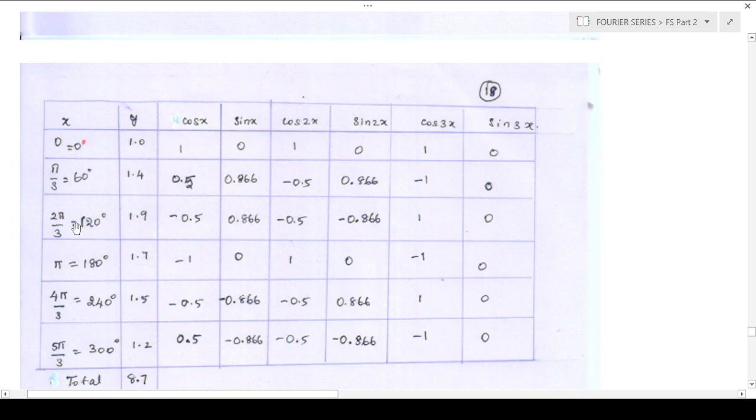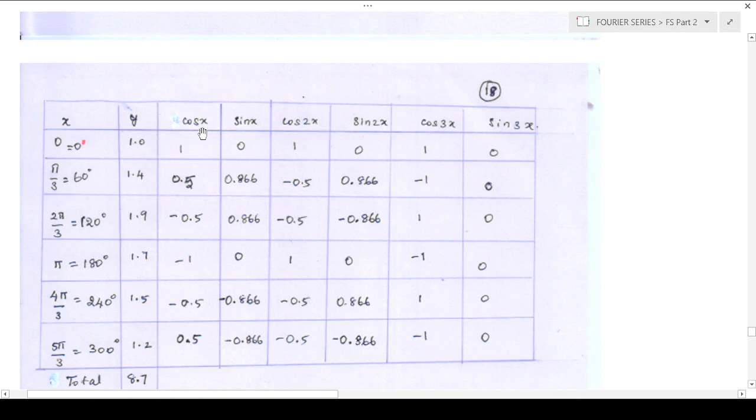So it will be easy for you to calculate the values using your calculator in degree mode itself, right? So you can easily find cos of 0, cos 60 degree, sin 60 degree, cos 120 degree, sin 120 degree, cos 2x, so 120 degree, cos of 240 degree. Likewise, these x values are substituted here.